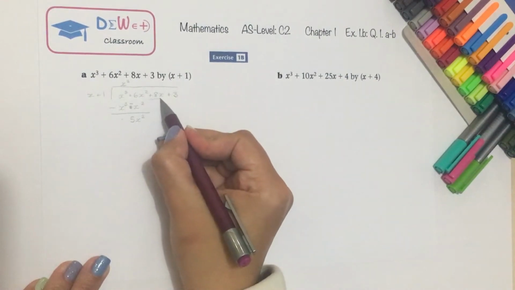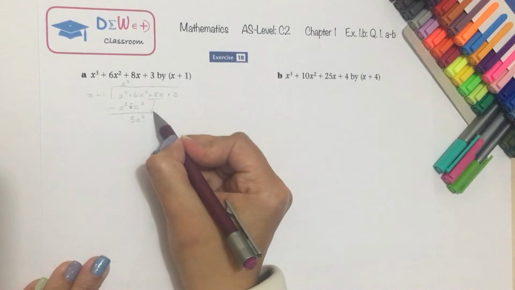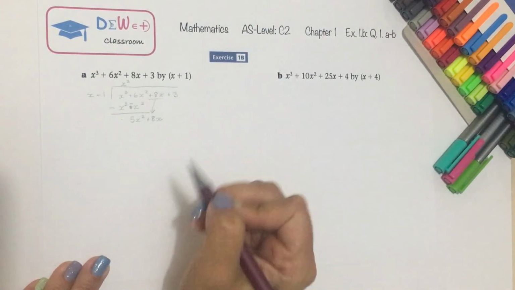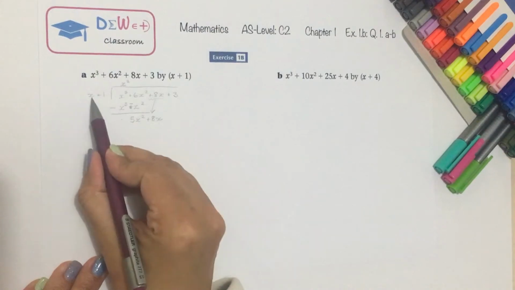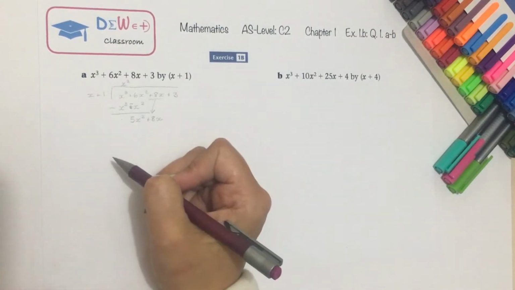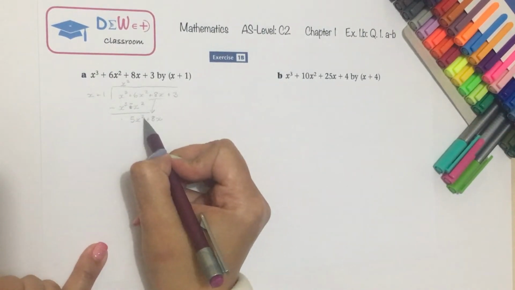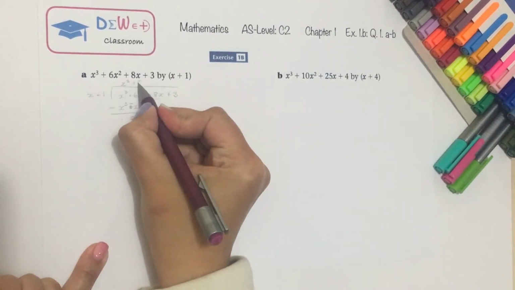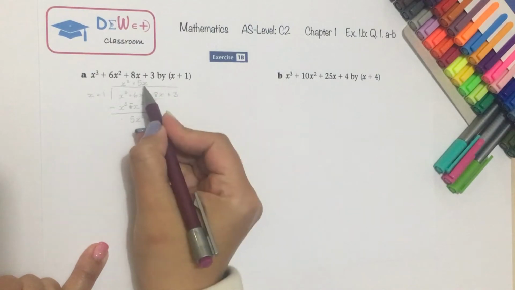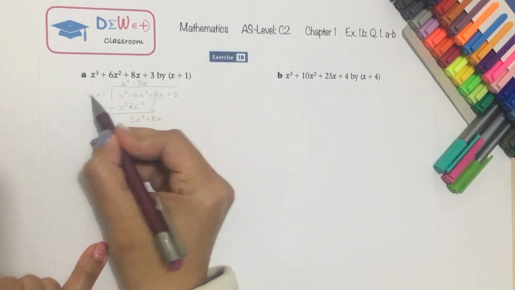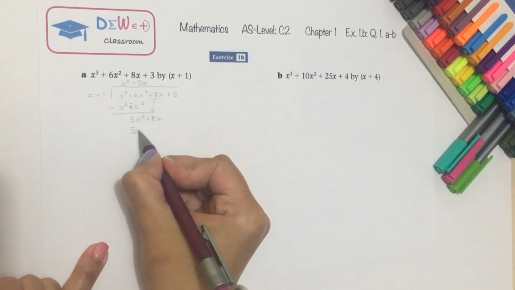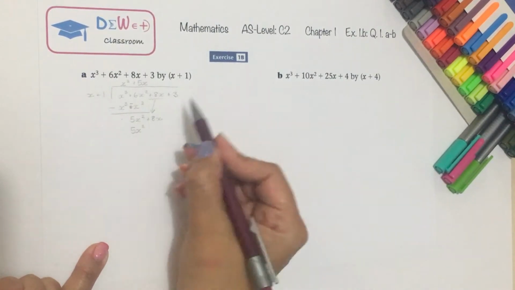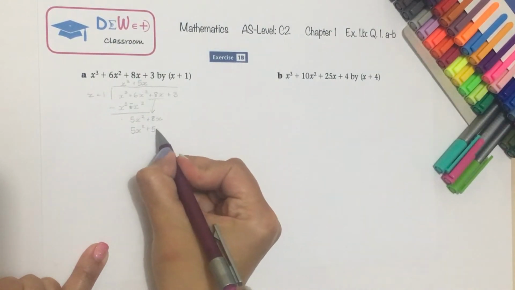We then look at this plus 8x, and we're going to bring that down right over there. Again, we're going to ignore the plus 1 now when we go back. 5x squared divided by x gives us plus 5x. 5x times x is 5x squared, and 5x times 1 is 5x.